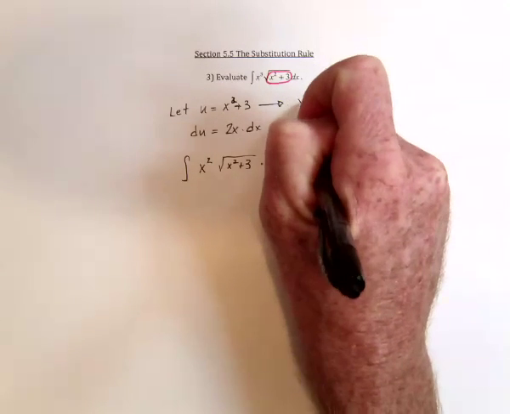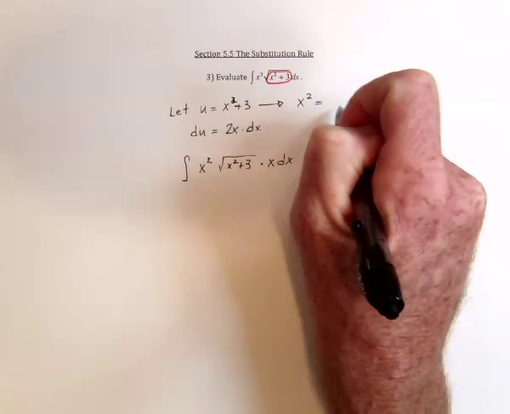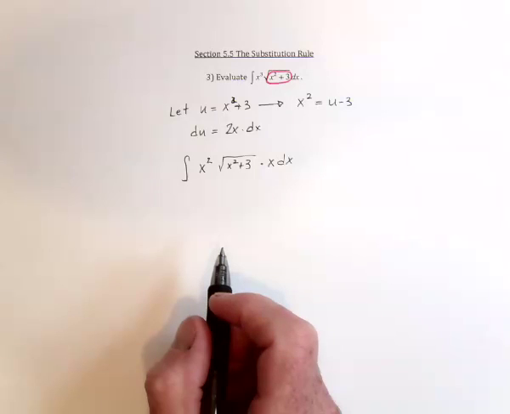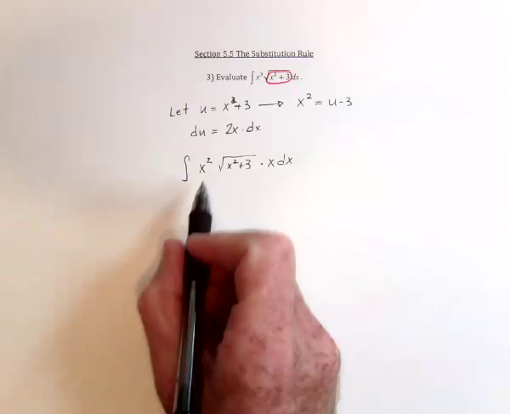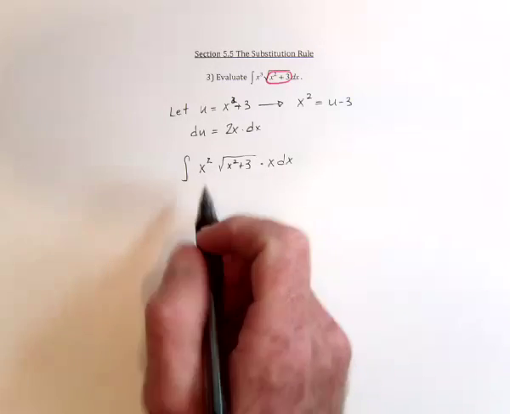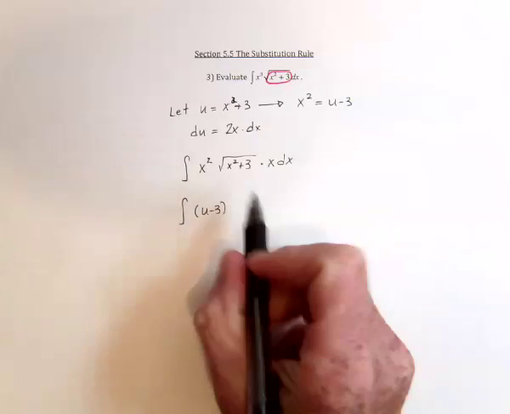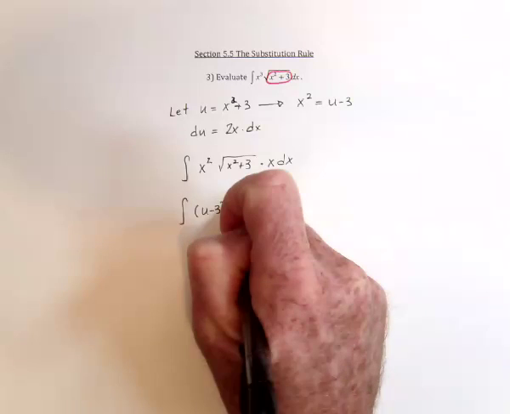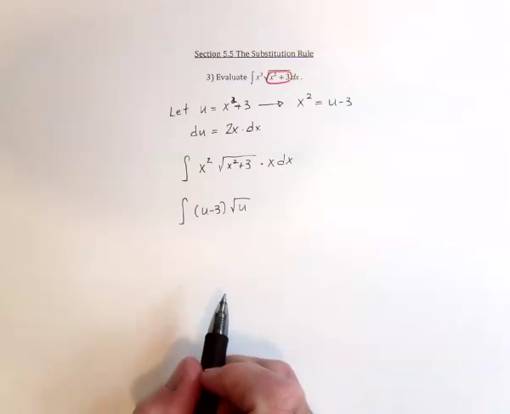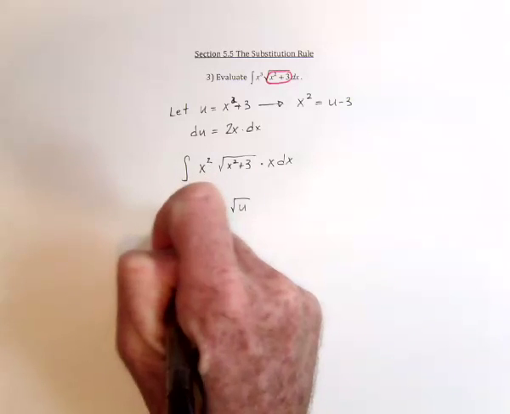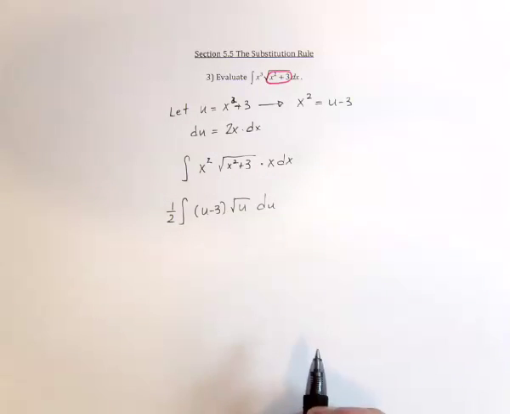Just subtract 3 from both sides, and x squared is equal to u minus 3. So this is going to be replaced with u minus 3. This is going to become the square root of u, and x dx is going to become 1/2 du.